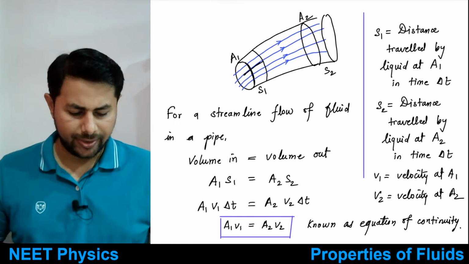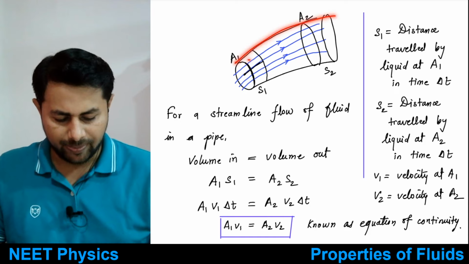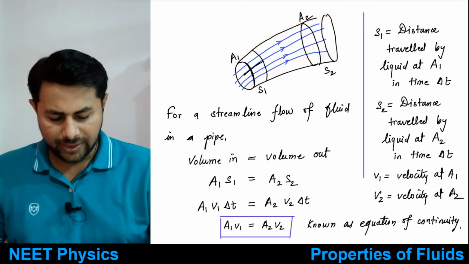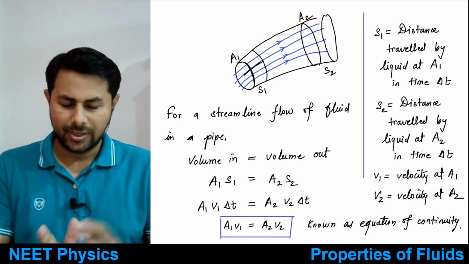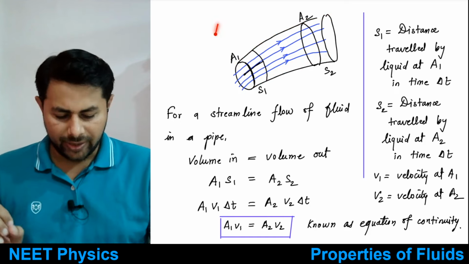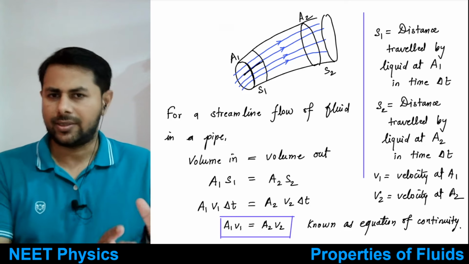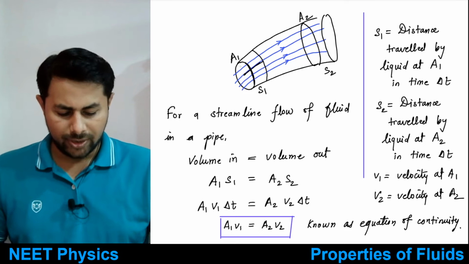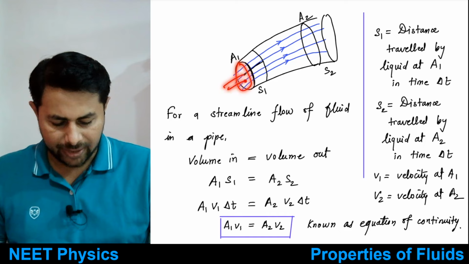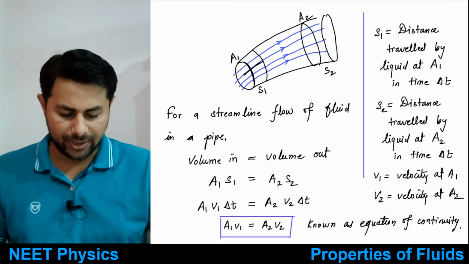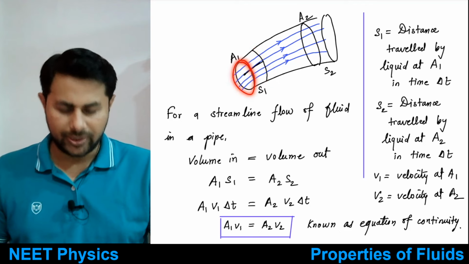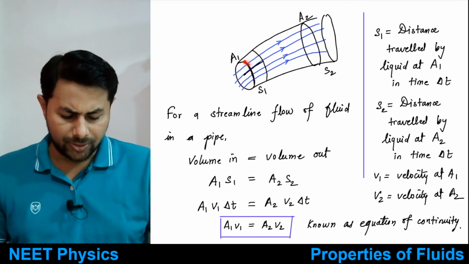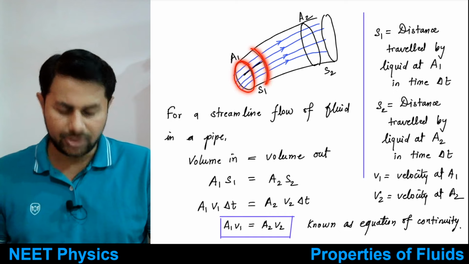So let's see how. This is a pipe and let's say in some time delta t, some fluid enters. Delta V is the volume of the fluid that enters. Suppose fluid enters at this point and in time delta t it moves from this cross sectional area to this cross sectional area.